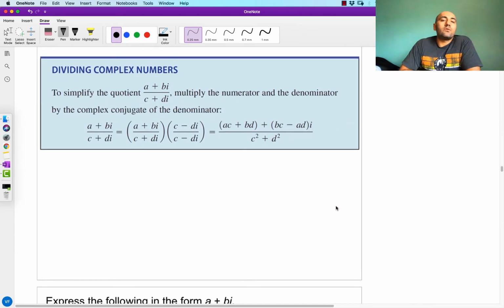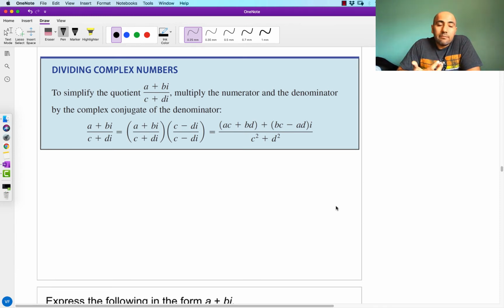When we want to divide two complex numbers, say, for example, a plus bi divided by c plus di, this is a division of two complex numbers. Multiply the numerator and denominator by the complex conjugate of the denominator. That's going to guarantee that the denominator is going to be a non-negative real number where the imaginary part is 0. The i is going to be gone in the denominator.